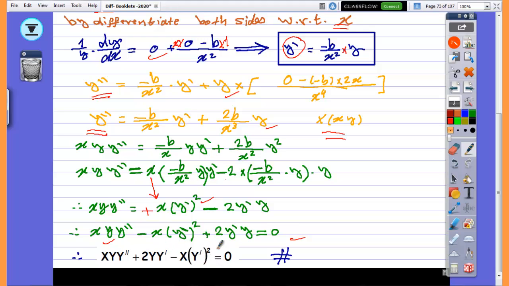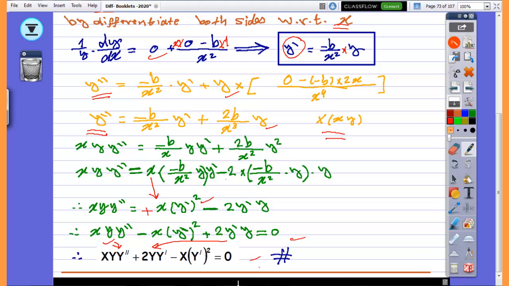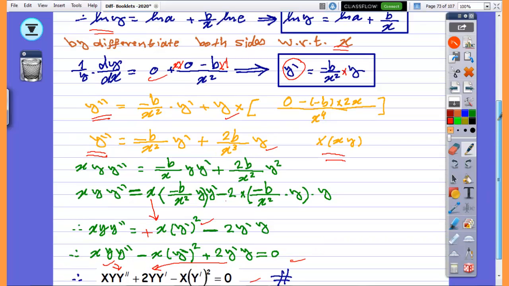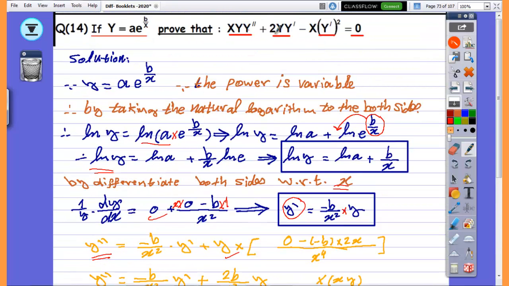So after you arrange it you will get x y y double dash and 2y y dash plus negative x y dash all square. Okay, you must solve it by yourself to make sure that you understood every step. Here is the required.